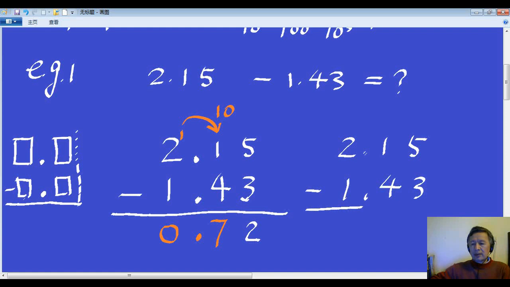The first step is all right: he knows that subtraction must make alignment first. Yes, that's correct.